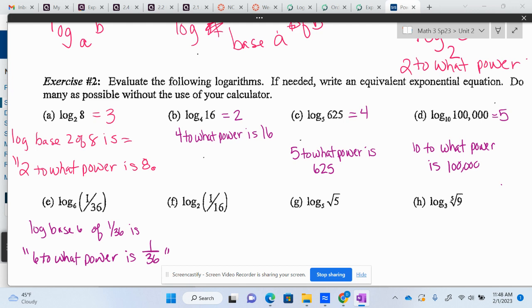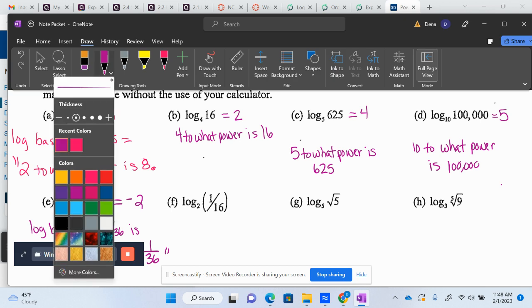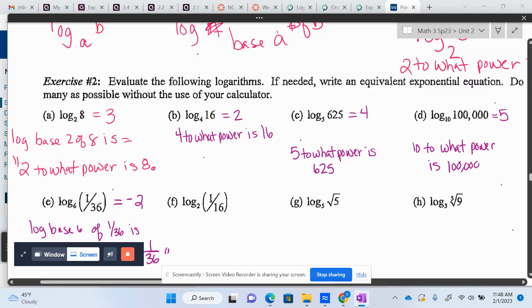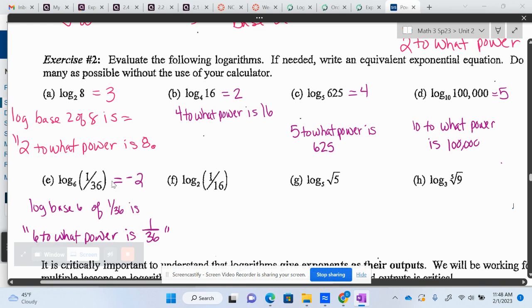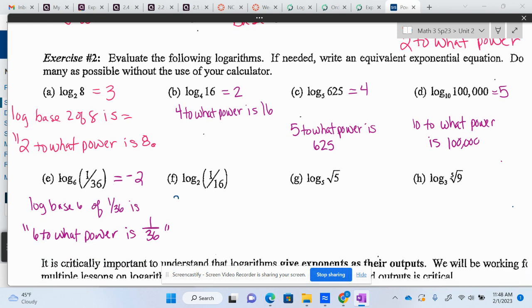And if it becomes a fraction, that means that the exponent was made negative. So this is negative 2. Okay. All right. So this next one, F. This is saying 2 to what power is 1 over 16? Negative 4. Good job, you guys.